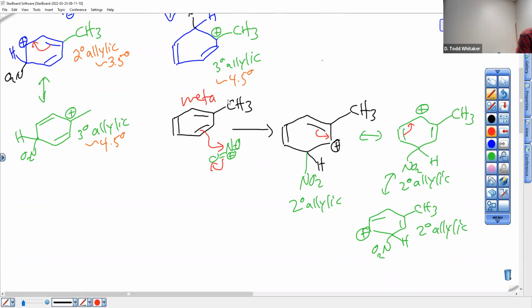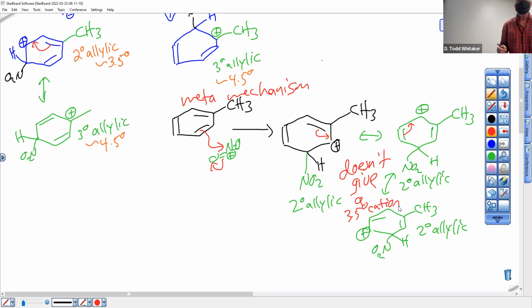Meta mechanism doesn't give a 3.5 degree cation. Meta mechanism doesn't happen for that reason. There you go.